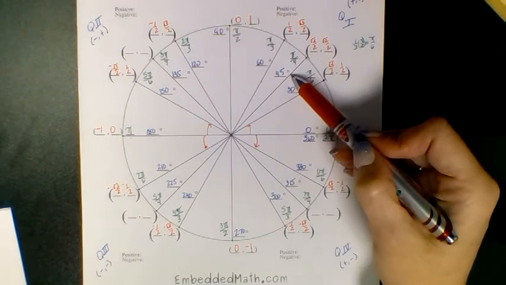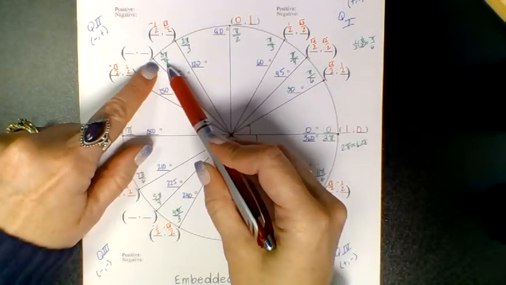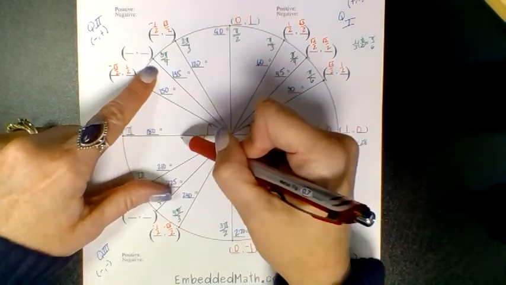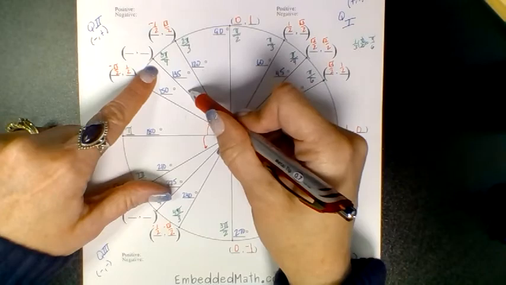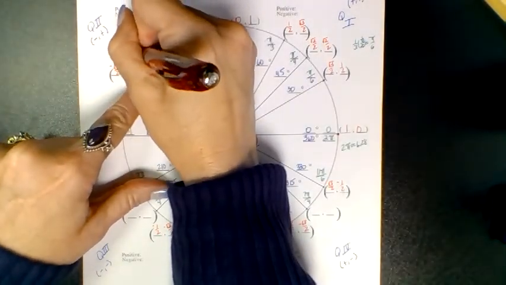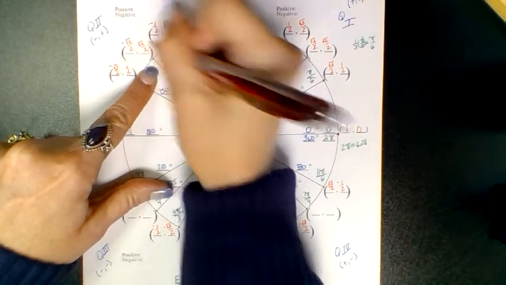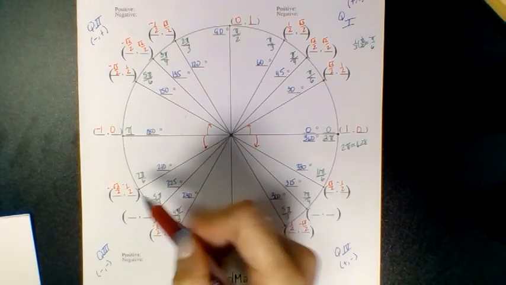So the 45-degree reference angle in Quadrant 2 is right here. 135 degrees, or 3 pi fourths, is 45 degrees away from the x-axis, so that's my reference angle. Coordinates are going to be the same, except that in Quadrant 2, the x-coordinate is negative. So I work my way the rest of the way around the circle.